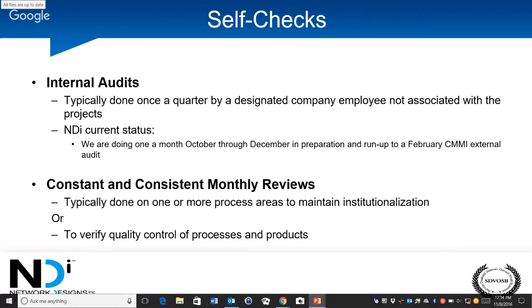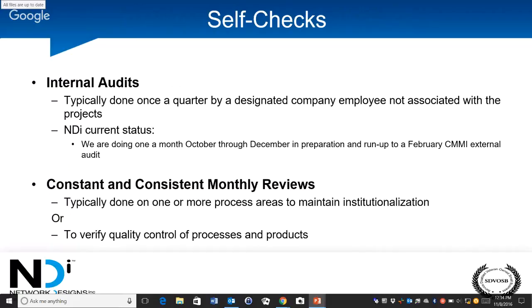On a monthly basis, we might take 1 or 2 of those process areas and review them a little more closely and say, okay, are we doing well with requirements management? How is that going? How is our process planning and control going? We look at specific areas each month and kind of scrub ourselves, if you will, so that we continue to maintain our institutionalization of these processes and process areas, making sure that we stay in line and stay on the tracks.